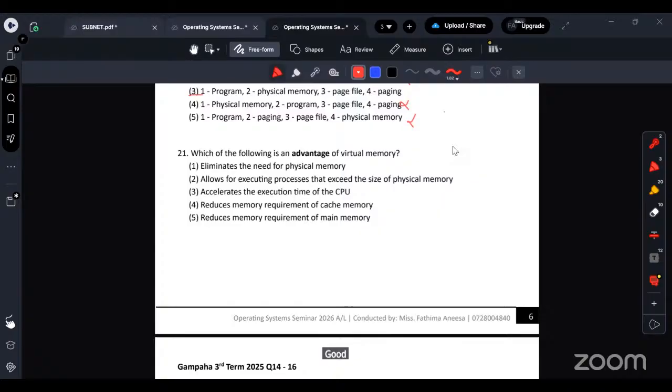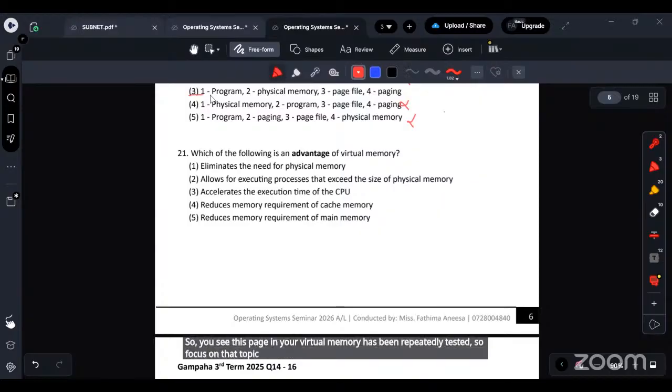Ajmal, Azal, others, quickly. So you see this paging virtual memory has been repeatedly tested, so focus on that topic well.